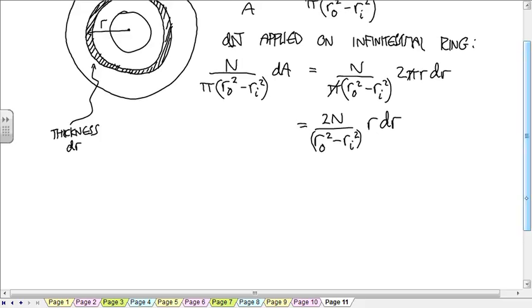So the increment of friction force is the coefficient of friction times the increment of normal force.